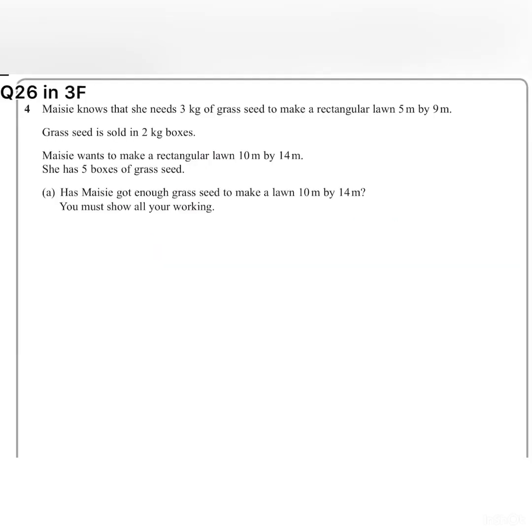Okay, question number 4 says, Macy knows that she needs 3 kilograms of grass seed to make a rectangular lawn 5 meters by 9 meters, and the grass seed is sold in 2 kilogram boxes, and Macy wants to make a rectangular lawn 10 meters by 14 meters, and she has 5 boxes of grass seeds. Has Macy got enough grass seeds to make a lawn of 10 meters by 14 meters? And you must show all your working out.